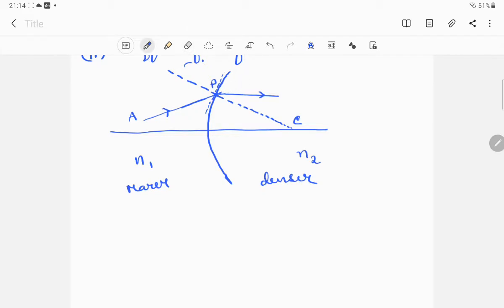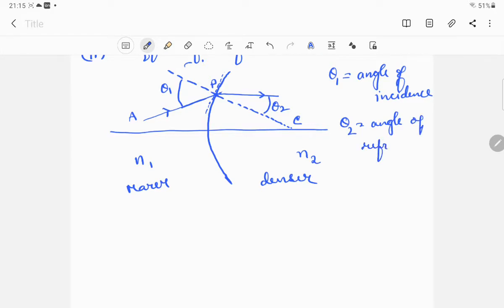Now let me define a few things. Suppose that this is theta 1. This is the angle of incidence, so theta 1 is the angle of incidence, and this one is the angle of refraction, theta 2.